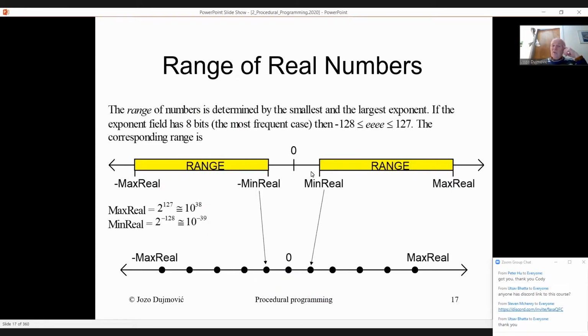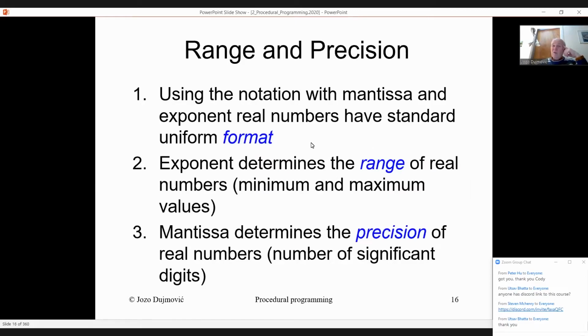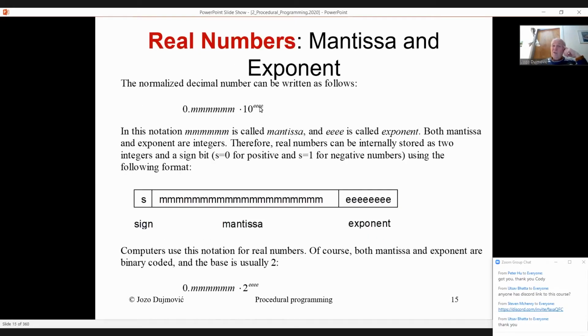The range is shown here. The range is 2 to the maximum exponent, the maximum value that fits in the exponent. Exponent is this part here of your word. If this is 64 bits, then this here, the exponent, has 11 bits. Do you agree with that?